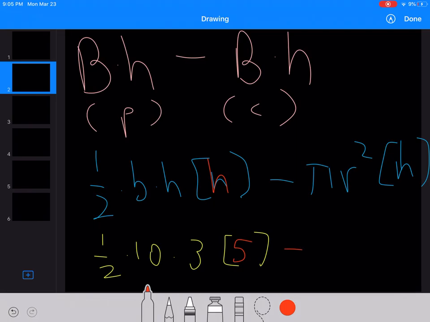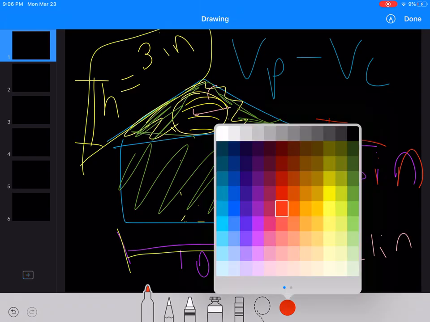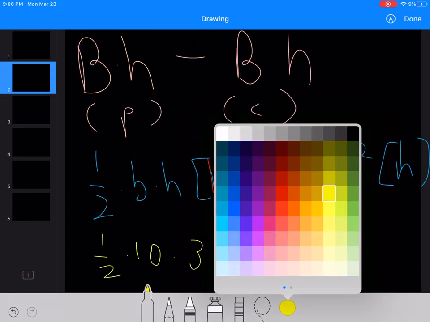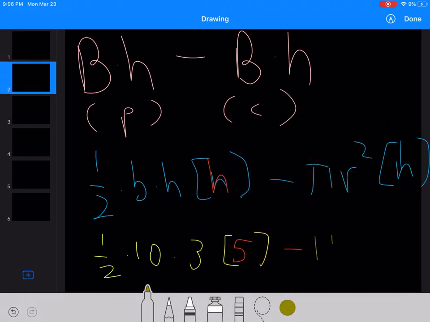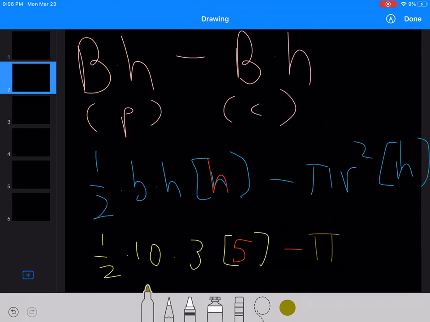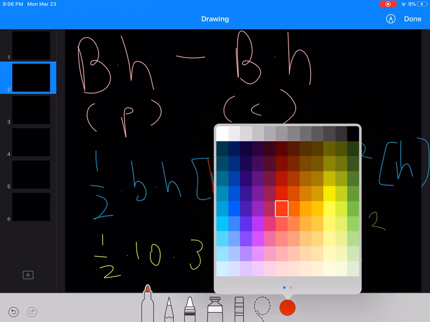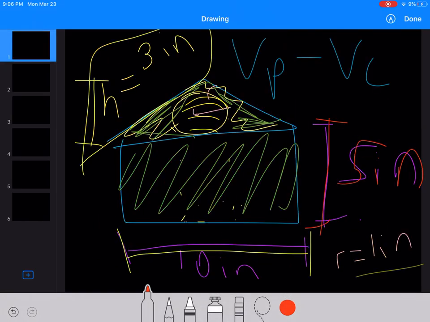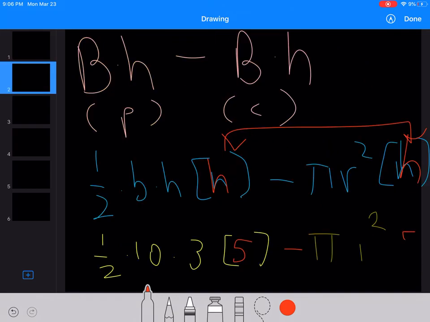And for the cylinder, let's make it yellow just so we can have different colors here. So pi, we can keep that. R, we found earlier, was 1 inch. So we just do 1 squared, which is 1. The H is the same, and that was 5 inches.